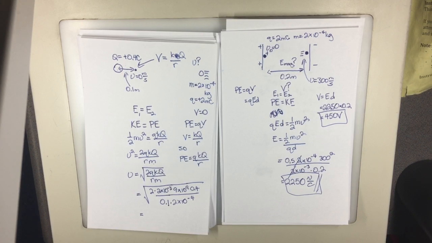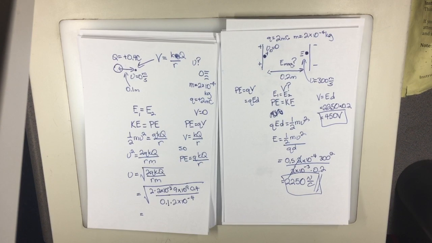2 times 10 to the negative 3, 9 times 10 to the negative 9, times 0.4 divided by 0.1 times 2 times 10 to the negative 4. And I get, okay, it's not totally relativistic.